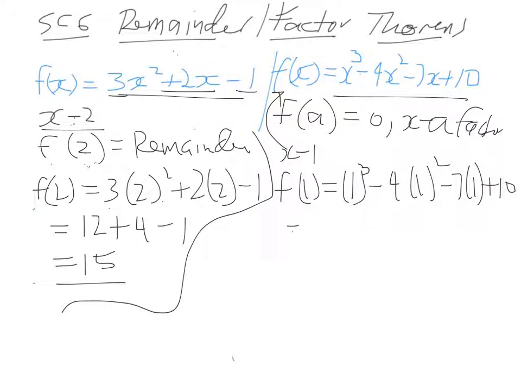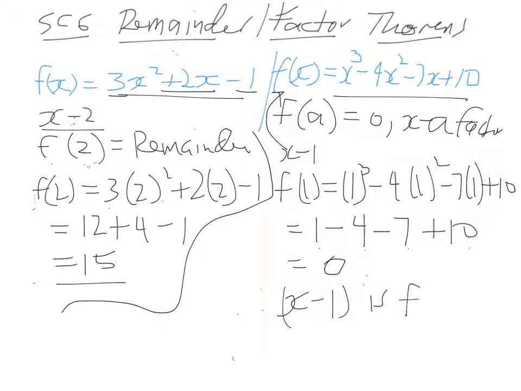So from there, 1 cubed is 1, minus 4 times 1 is 4, minus 7 times 1, which is 7, plus 10. So here we go, negative 1, minus 4 to give us negative 3, minus 7 gives negative 10, plus 10 gives us 0. So therefore, x minus 1 is a factor.